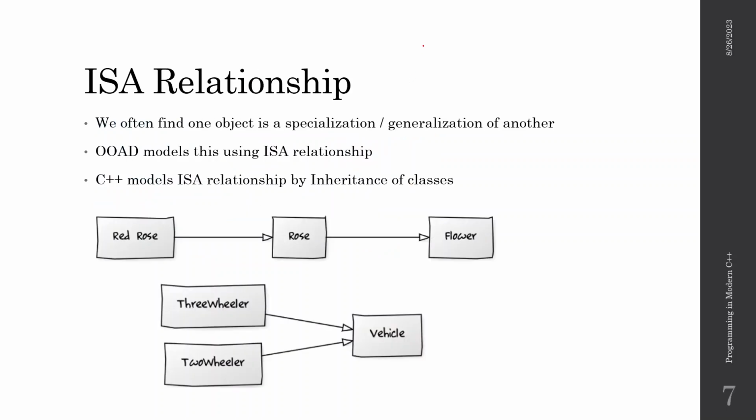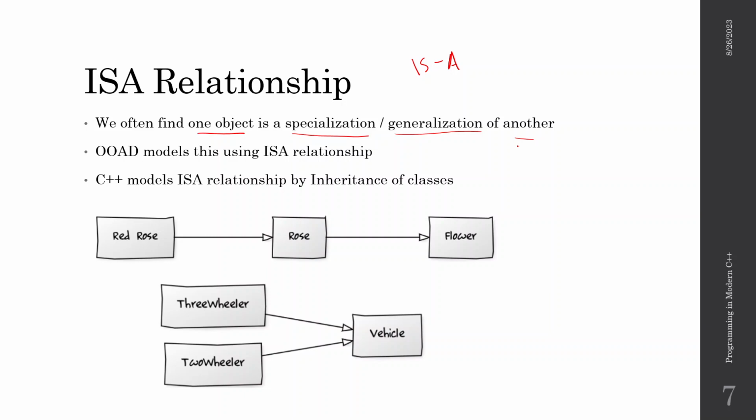So what is this is-a relationship? In some places it is also written as is hyphen a. So the thing is that in the real world we often find that one object is a specialization or a generalization of another object.